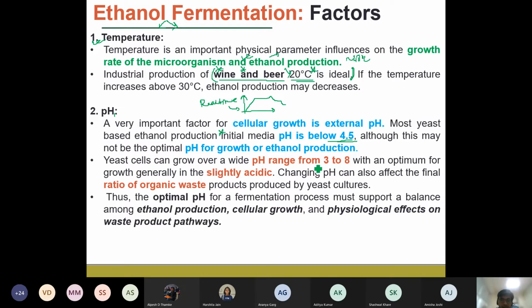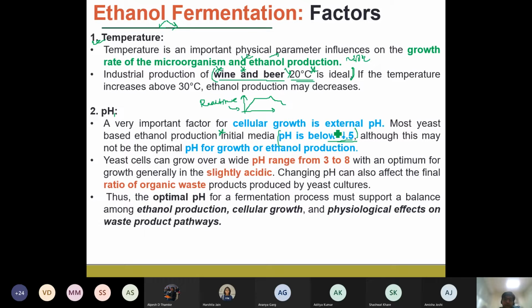Sometimes the optimum pH is calculated based on the media components that are there, because sometimes we do have some media components which are acidic in nature, or sometimes basic in nature. Okay, and suppose we have citric acid or some sort of lactic acid as a media component, so generally the pH will be lower.